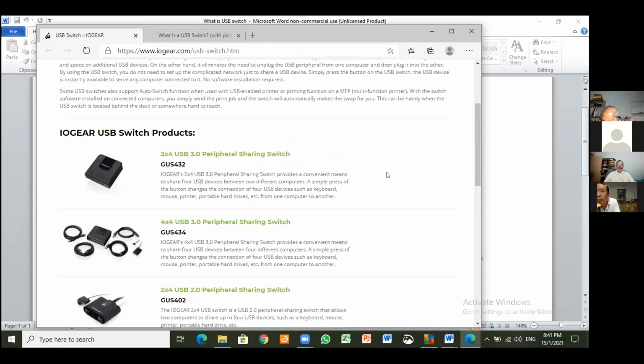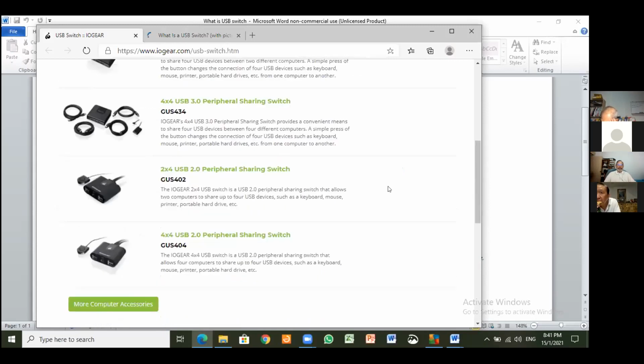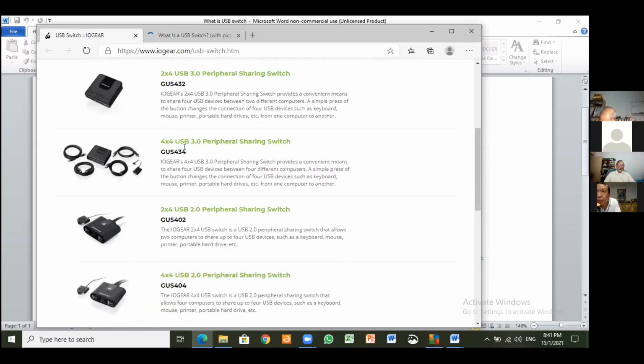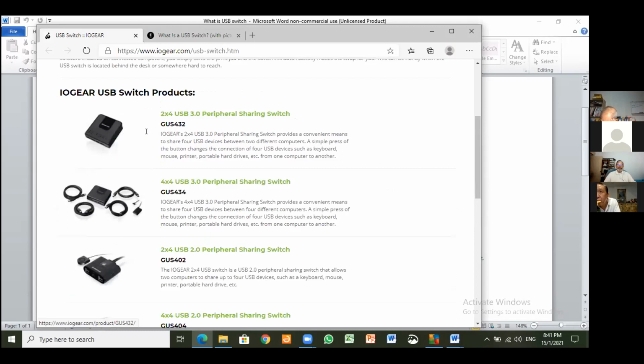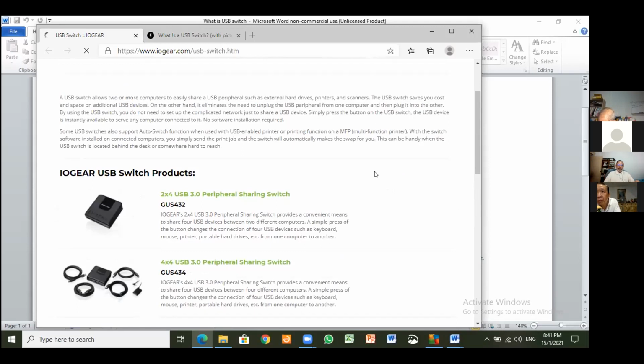Switch products: there are a few types. There's 4 times 4, 2 times 4. Just now I presented the 2 times 4 one. Mine is 3.0, and this is 2.0. But I didn't take it from IO Gear. I took it from another China product, which is cheaper. This one is more expensive. See how much?